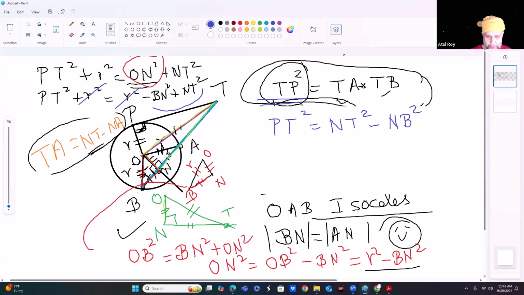So we have PT square, and now we have to do it algebraically. I mean, I wanted to do things geometrically as much as possible, but let's just take help of this now because it's getting late for me too. All right. So these are difference of two squares. So I'm going to write it like this.